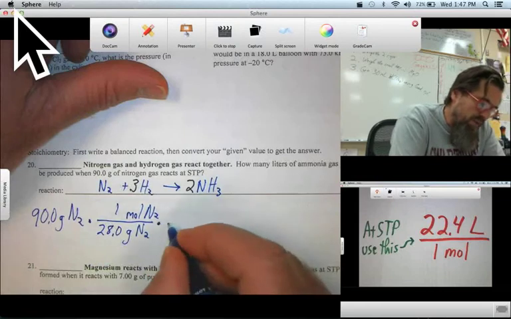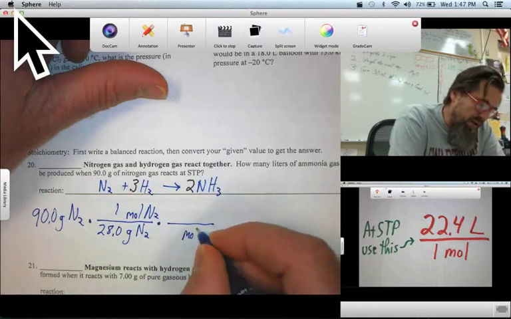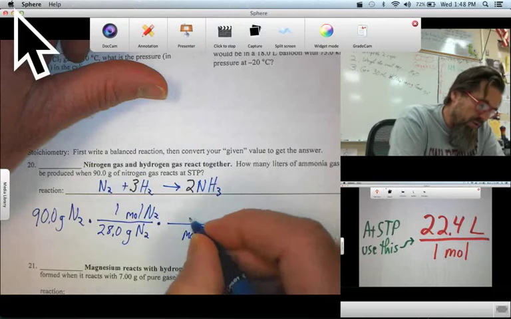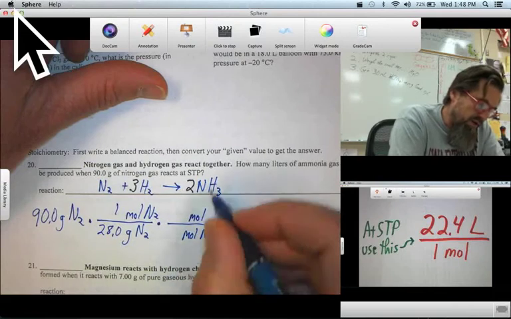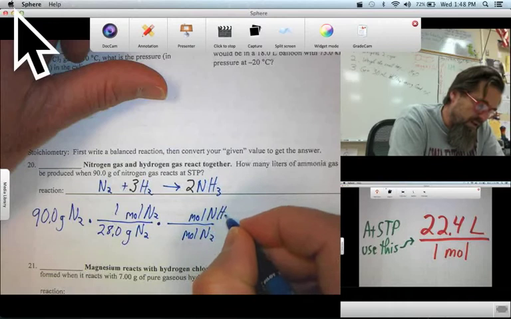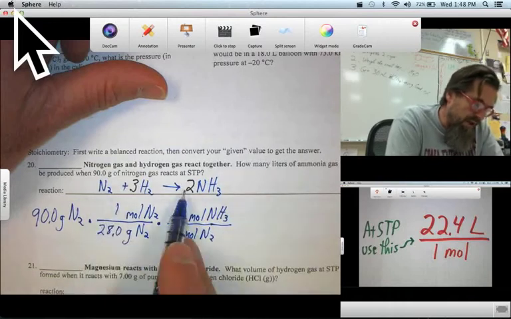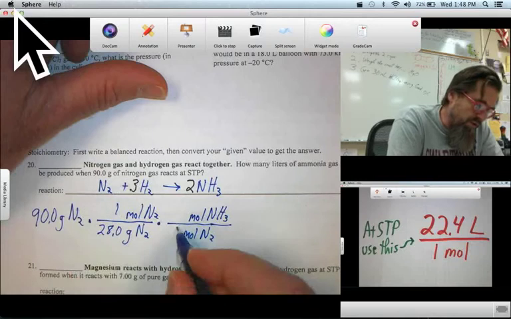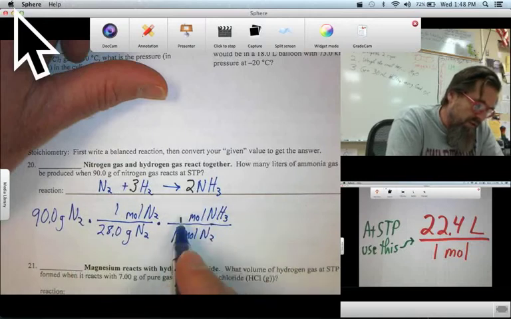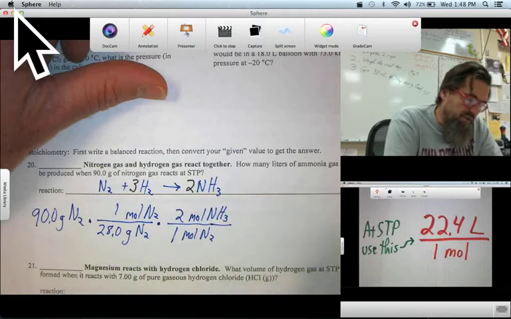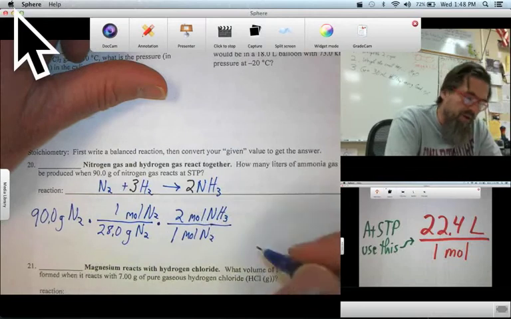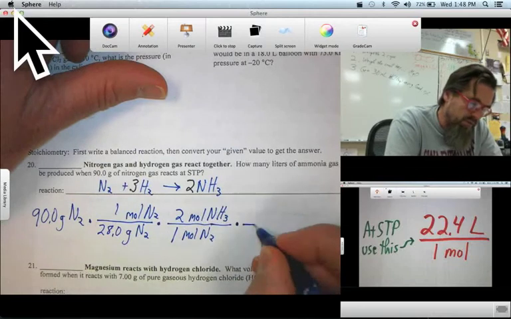But we don't want moles of N2. We want moles of NH3. So this is our mole-to-mole ratio. Fill in the numbers from our balanced chemical equation. 1 mole of N2 gives us 2 moles of NH3. Okay, and then one more conversion factor.